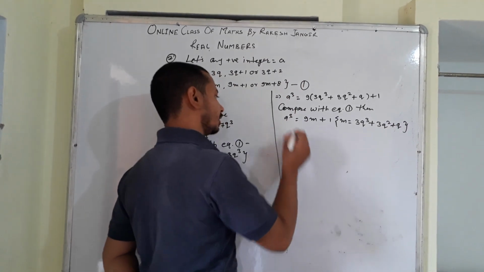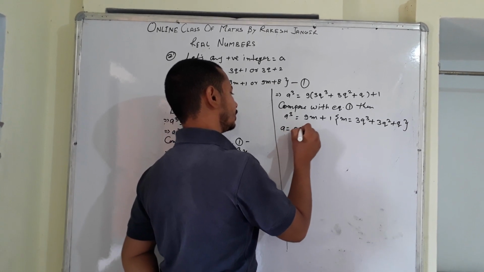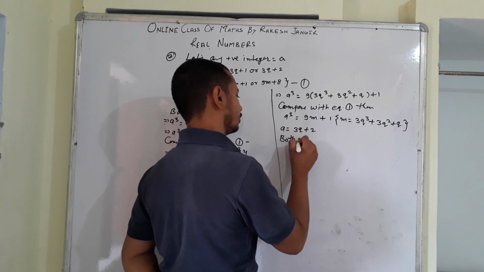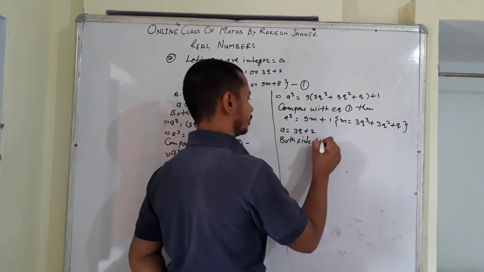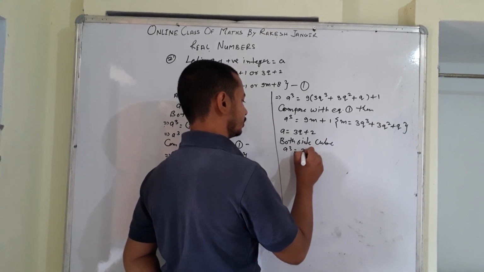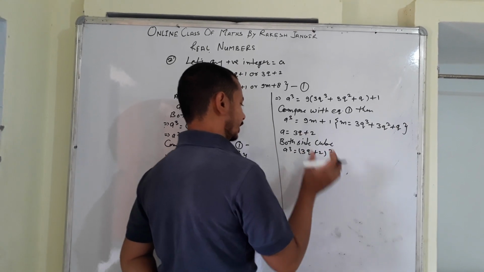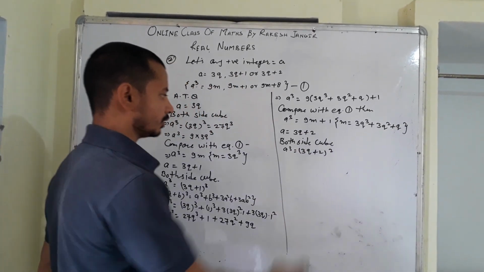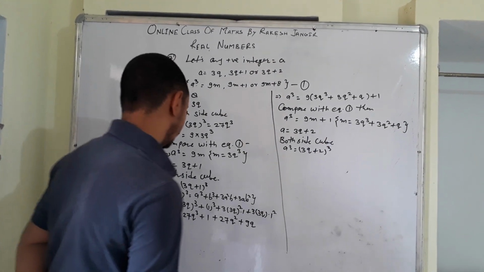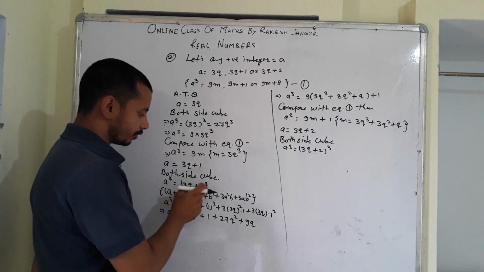Okay, and last is the value of integer equal 3q plus 2. Cubing both sides, we find a cube equals 3q plus 2 whole cube, and the formula of 3q plus 2 whole cube is the same as the last integer, 3q plus 1 whole cube.